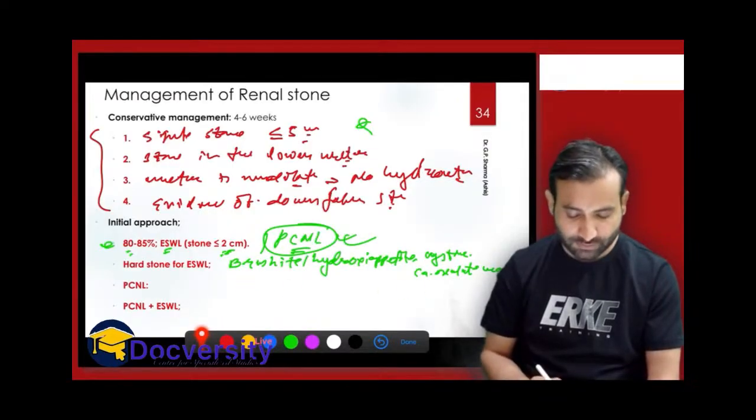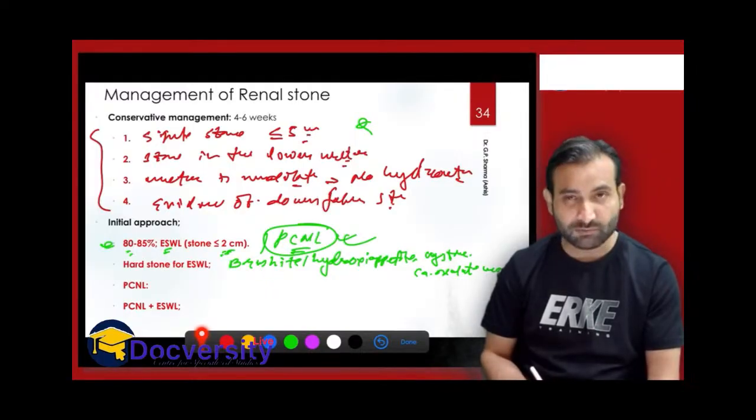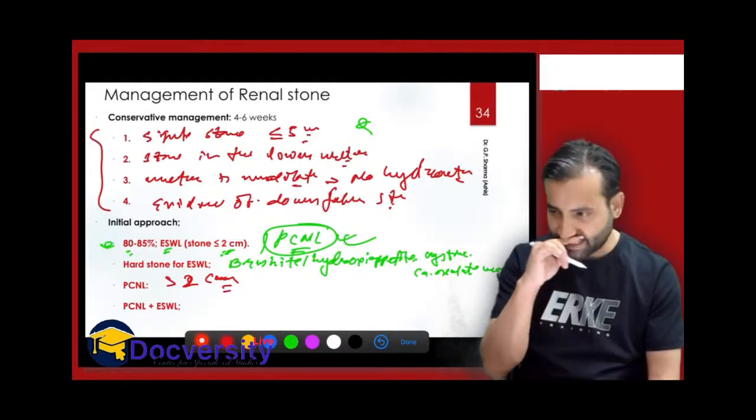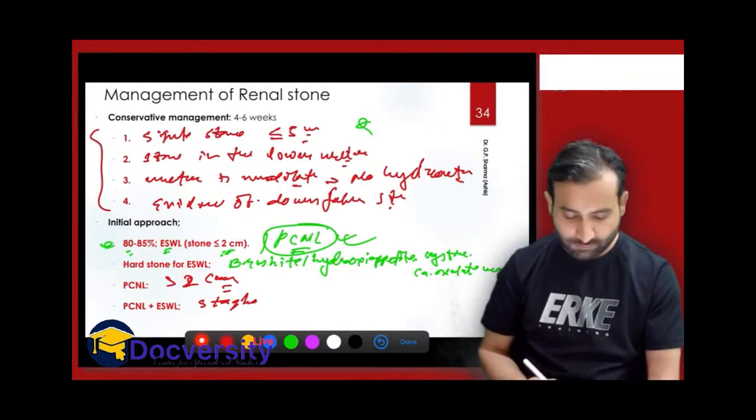So these kinds of stones are the harder stone for the ESWL, so they cannot be broken down by the ESWL, and we have to choose what? PCNL, right? And PCNL we can use for the stone which is more than 2 centimeter size. PCNL and ESWL we choose for staghorn calculi.